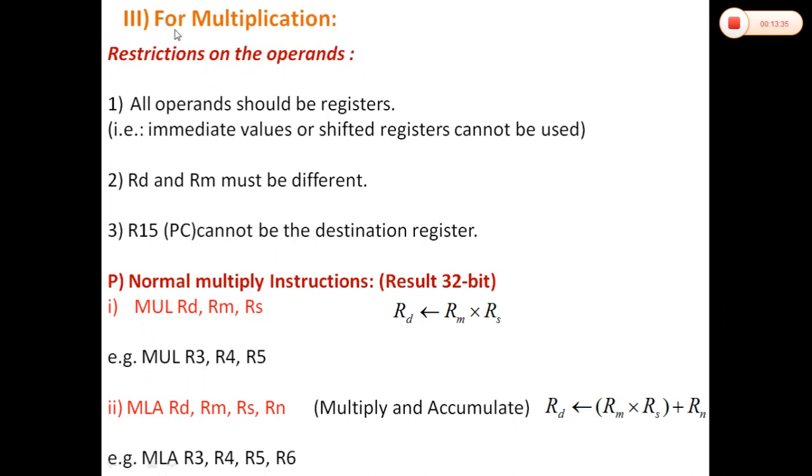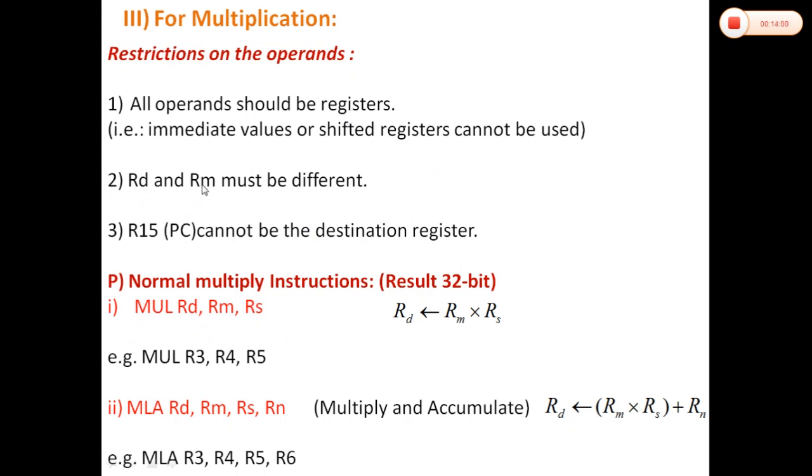When you want to perform multiplication, the restrictions are like this. All the operands should be registers. That means you cannot use immediate values or shifted registers in the multiply instruction. Okay, so in a multiply instruction, all the operands should necessarily be registers of the register bank.